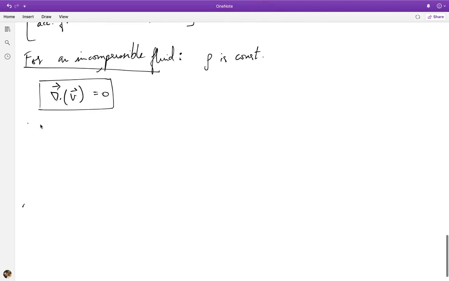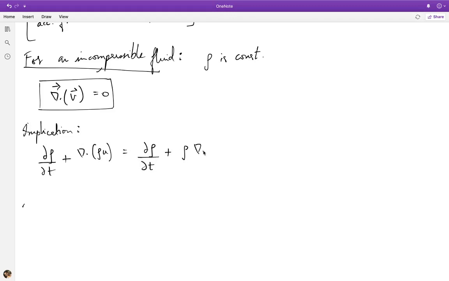If we go back to the general equation, we write partial rho partial t plus, remember, the divergence of rho V. But this is nothing but partial rho partial t plus rho times the divergence of the velocity, plus the gradient of density dotted with V, just by using the chain rule on this divergence term. This must be equal to 0.